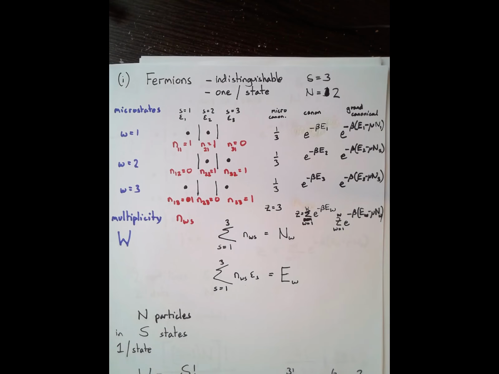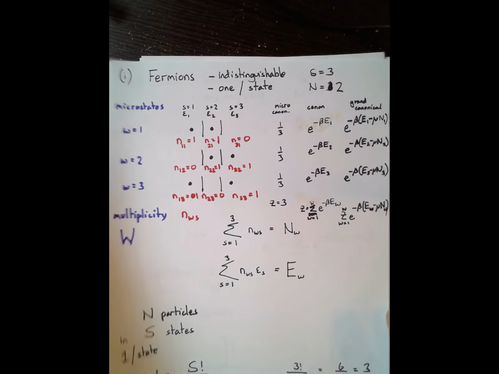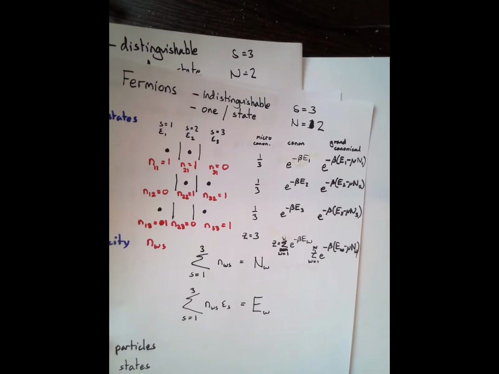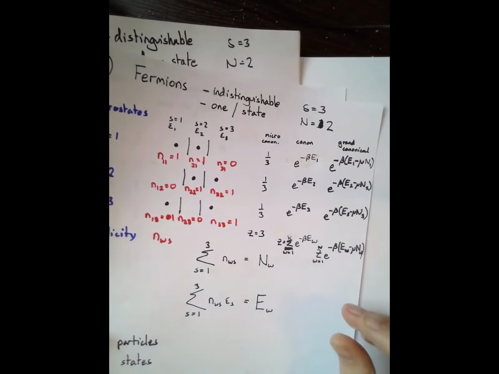In other words, what's the probability of finding the states occupied with a certain number of particles? This will then allow us to calculate all the macroscopic properties of the system.